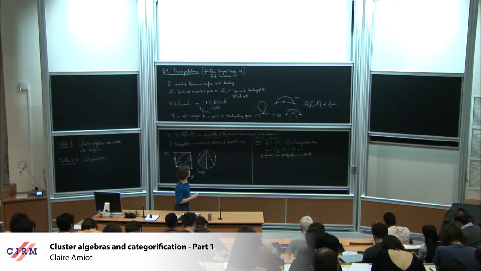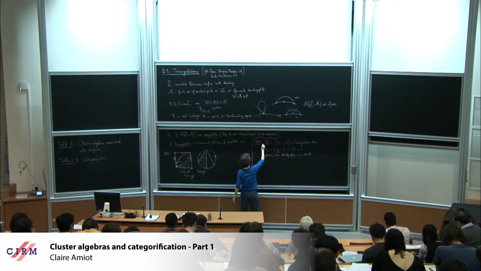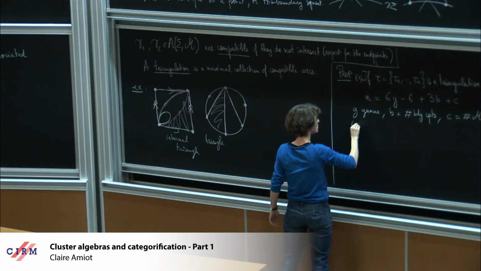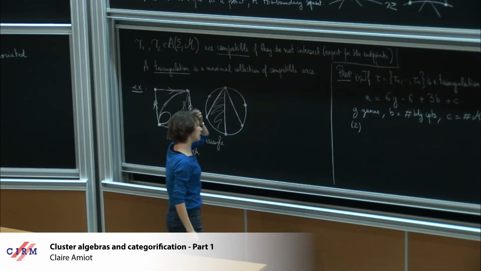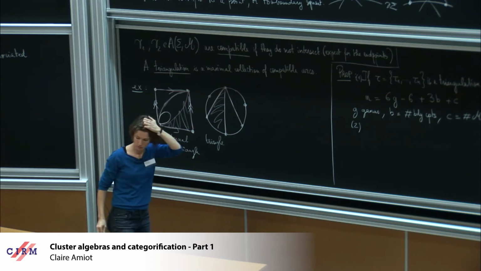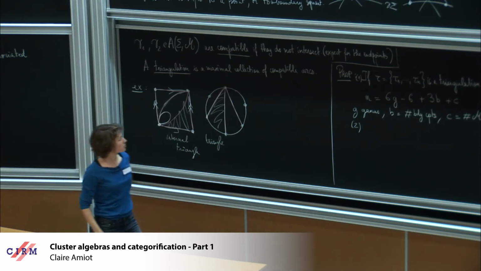Okay, so this is just an easy computation of an Euler characteristic. And the second thing is that you have a notion of flip of a triangulation.